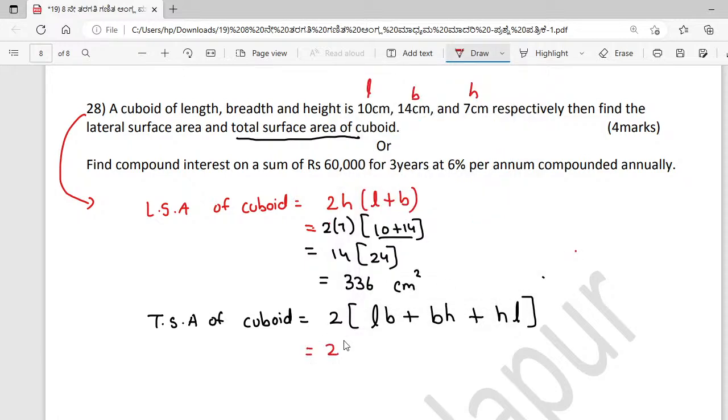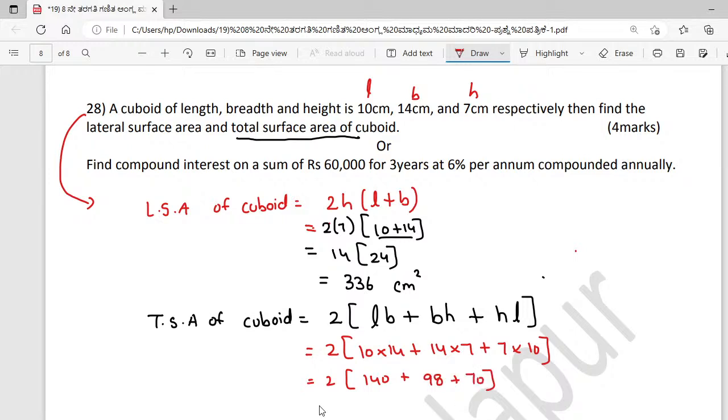So 2 of length, which is 10, into breadth, which is 14, plus breadth 14 into height 7, plus height 7 into length 10. Just do the multiplication. 10 into 14 gives 140. 14 sevens are 98, plus 7 tens are 70.